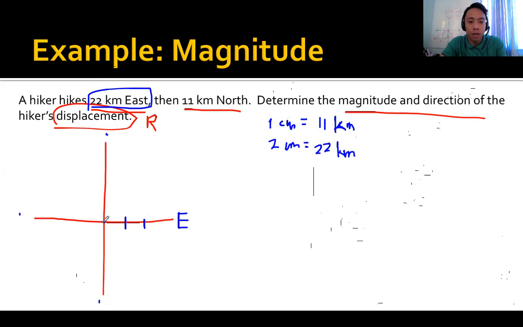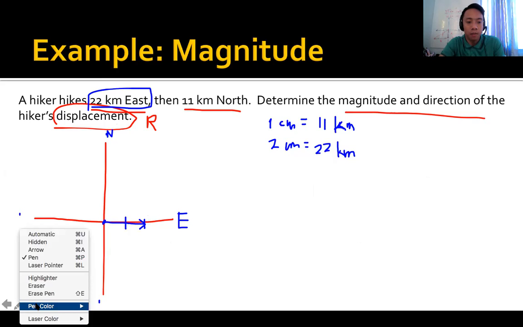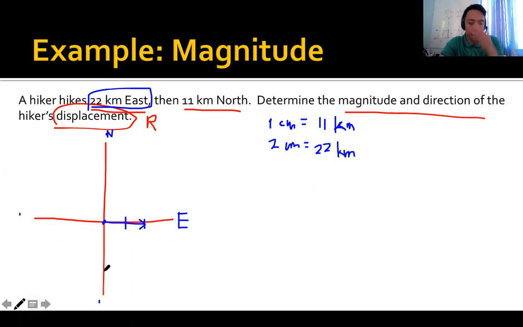So I will now draw the vector. Okay. And then the other vector is 11 kilometers north. Saan yung north natin? Our north is this one. Ibahin ko ulit yung color ng pen para mas makita natin yung difference. Ayan. So we will start here. 11 kilometers, that is 1 centimeter.